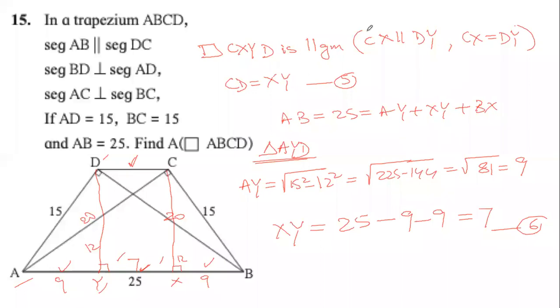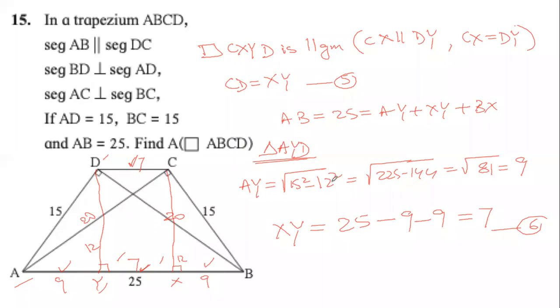So to find the area of the trapezium in the final step, all we have to do is use the values of the lengths that we have found so far. We have found that the length of the other parallel side is 7. And the height, the distance between the two parallel sides, is 12. Using these two values, we can find out the area of the trapezium.